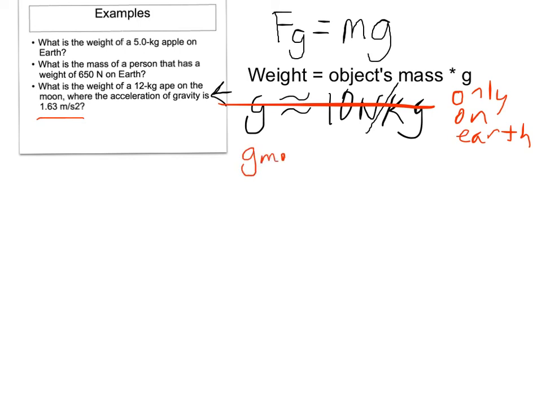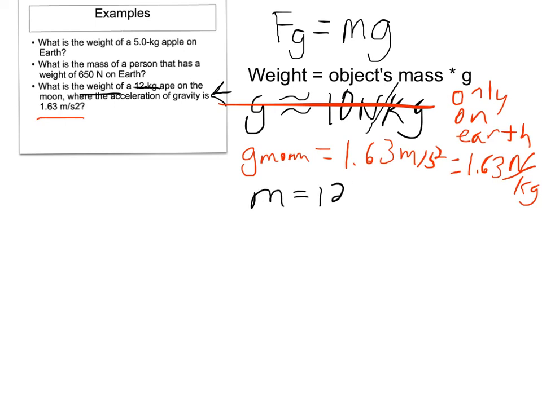So gravity on the moon is 1.63 meters per second squared, or, remember I told you newtons per kilogram are the same thing as meters per second squared, 1.63 newtons per kilogram. Now I can solve the problem. The problem asks us for weight, and it gives us a mass of 12 kilograms.